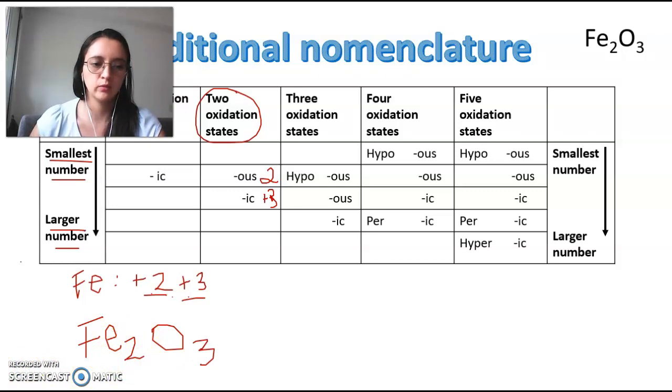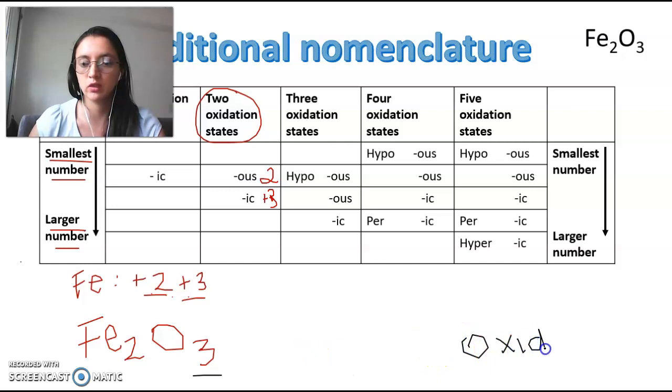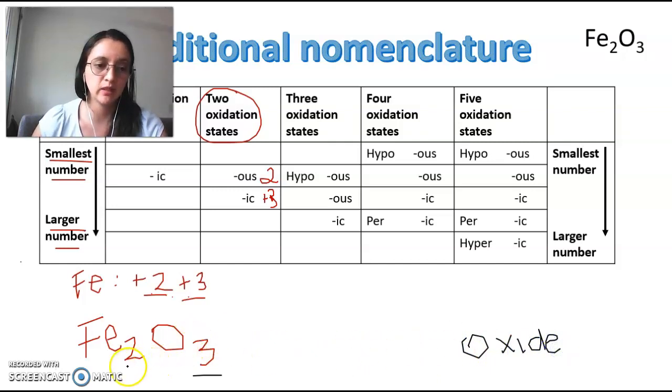So next, I will have to determine what are the oxidation states in my specific compound. So I was given this compound. Once again, oxygen has a subscript of 3. That is telling me that my compound is an oxide. So I'm going to write the word in here because that's the final word for my name. And then once again, I can do the crisscross backwards.